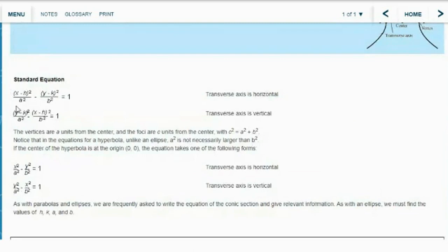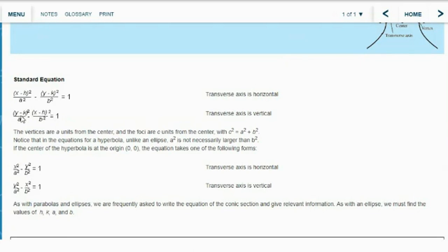So here it is. (x minus h) squared over a squared minus (y minus k) squared over b squared equals 1. This is exactly what we saw on the ellipse, except it had a plus in the middle. That's the only difference. And this is for a horizontal one. And for a vertical one, we switch it.